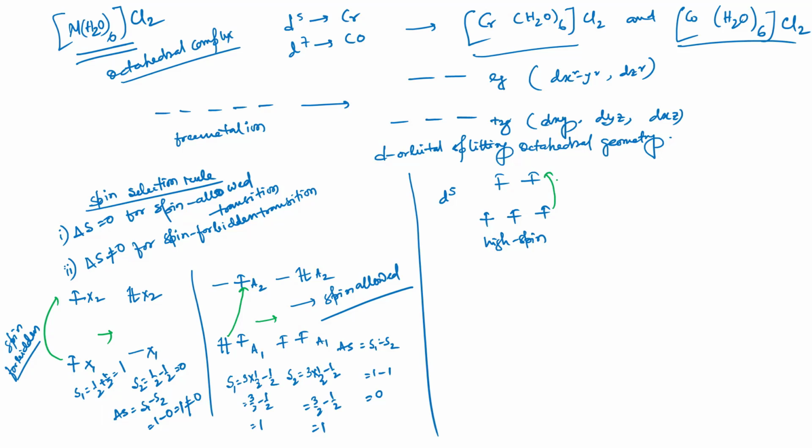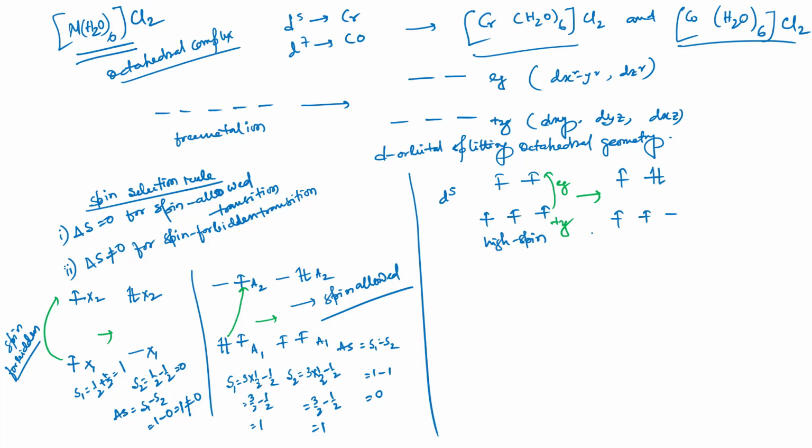Let's see one of the transitions from t2g to eg. The configuration will look like this: one of the orbitals of t2g is now empty and one of the orbitals in eg has a pair of electrons. So these are two different configurations before and after the d-d transition.